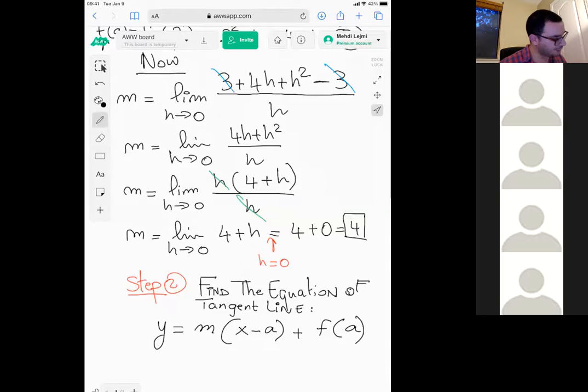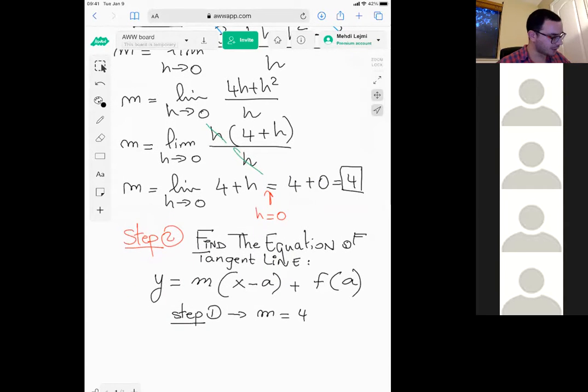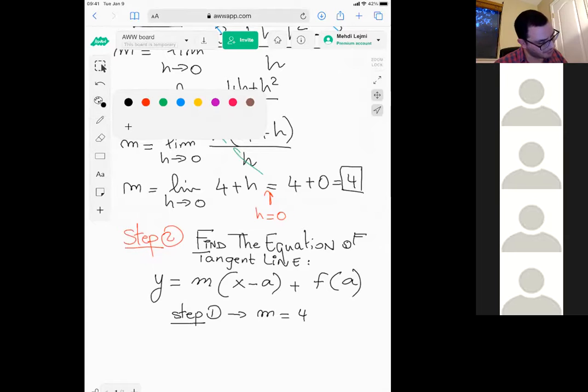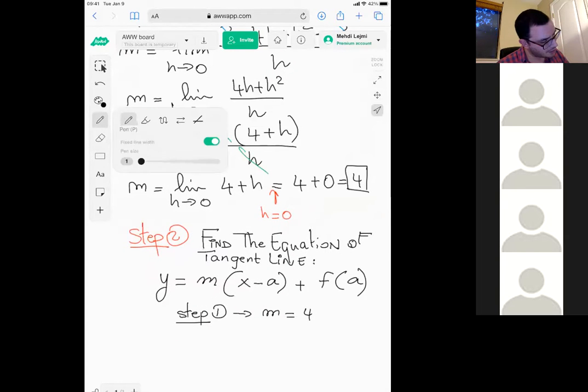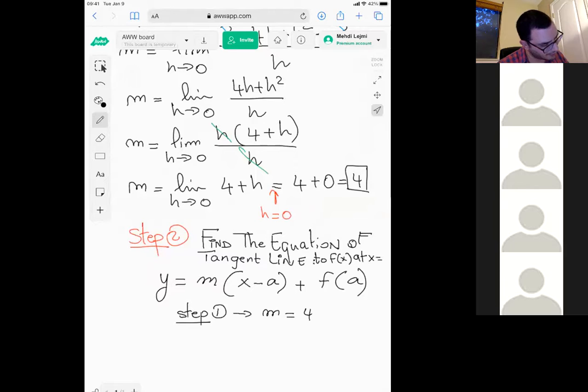So you know from step one that m is 4, and it's given in the problem that a is supposed to be equal to 2. We want the equation of the tangent line to f of x at x equal to 2. So a is supposed to be 2, right?